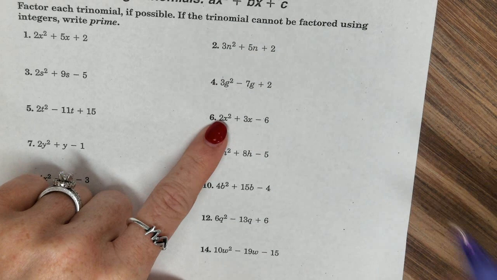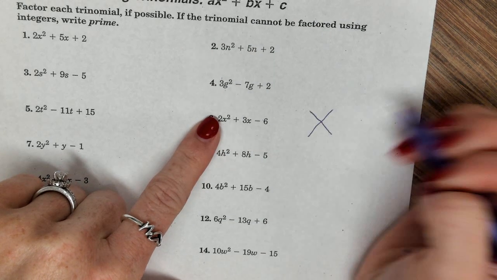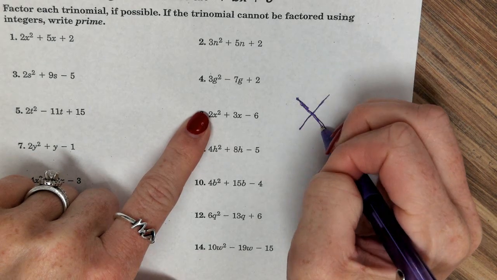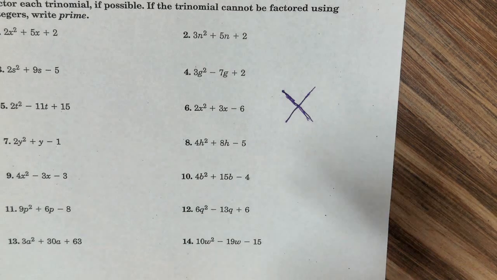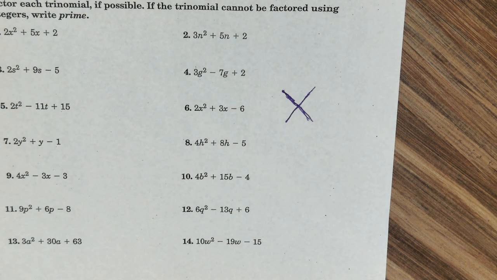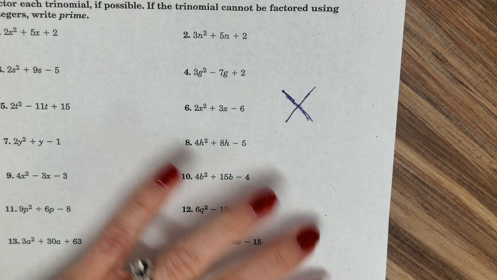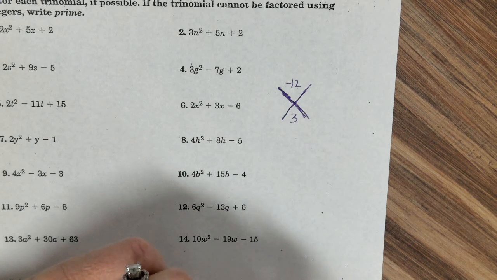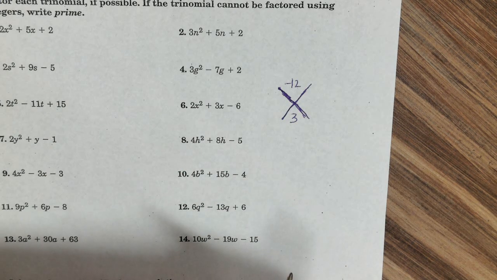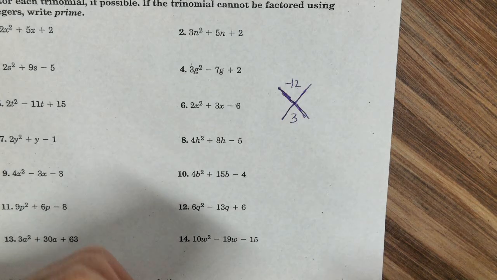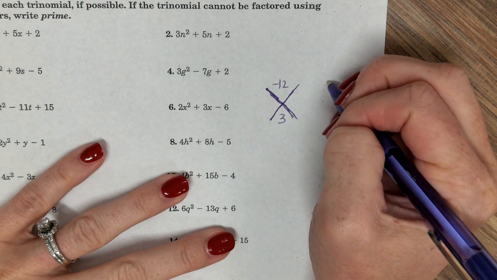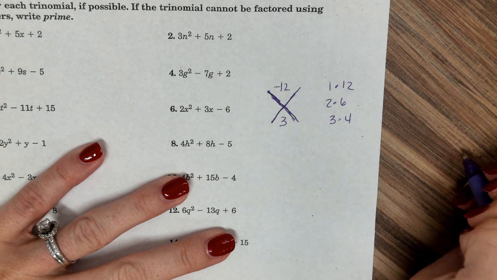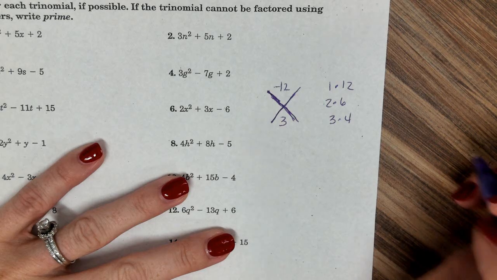But I want y'all to go look at number 6 with me. So number 6, I'm going to make an X over here. Okay, so what is A times C? 2 times negative 6 is? Negative 12. And what is B? 3. So I'm looking for factors of negative 12 that add up to equal 3. Okay? So I know that my factors of negative 12 are 1 times 12, 2 times 6, 3 times 4, and that's it.